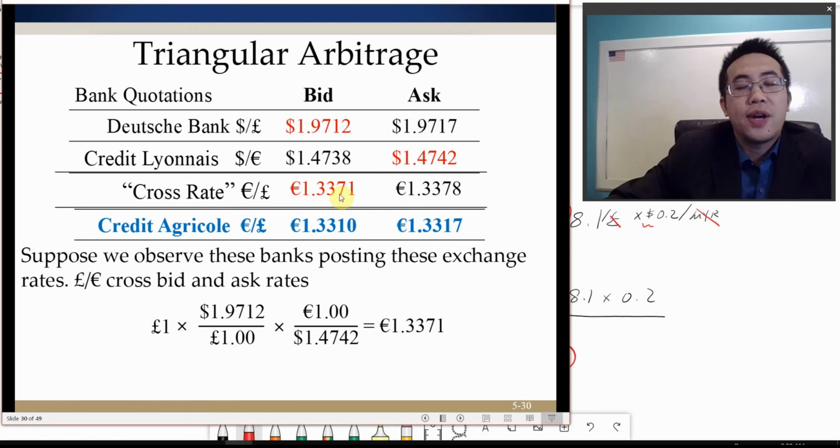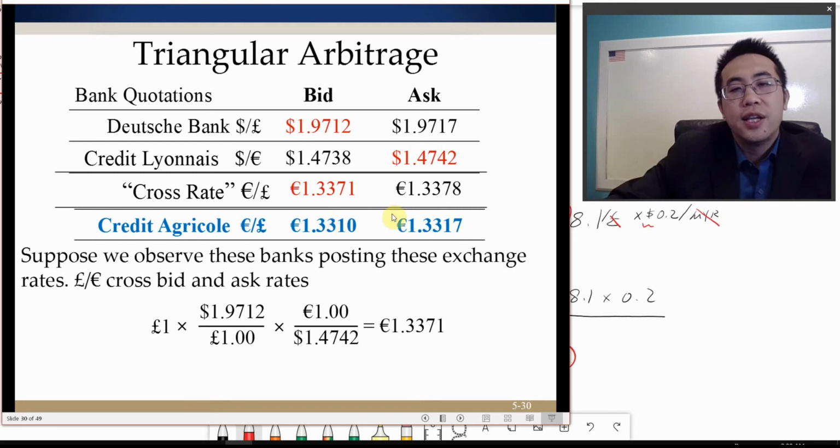So after you get the implied cross rate, then you will need to compare with the directly quoted rate offered by another bank. And this bank offers a bid ask like this, 1.3310 and 1.3317. This is implied and this is quoted, and you will judge whether the quoted is overvalued or undervalued.